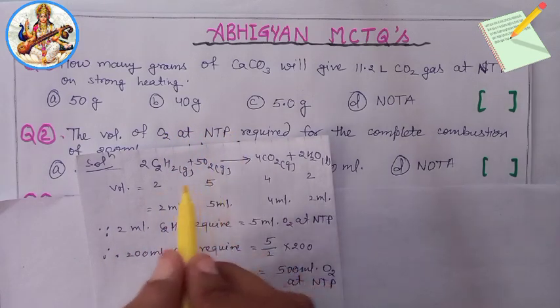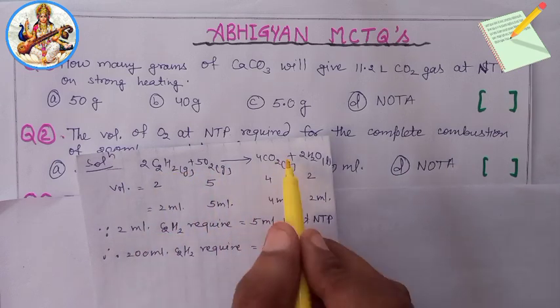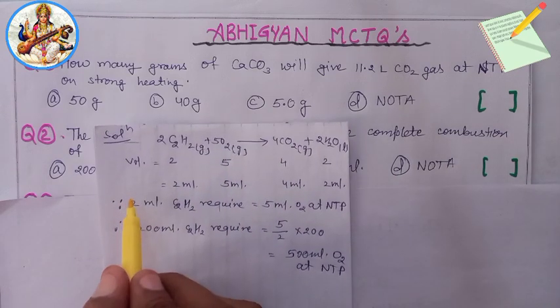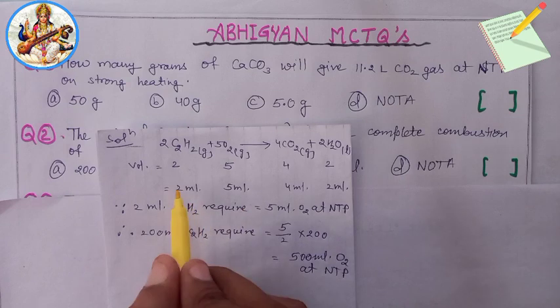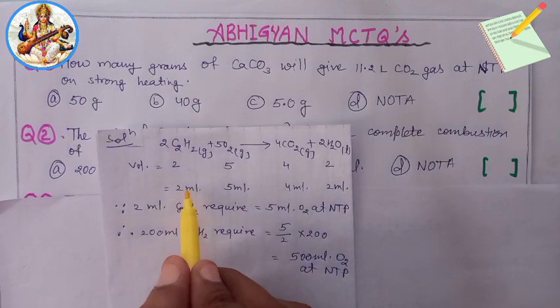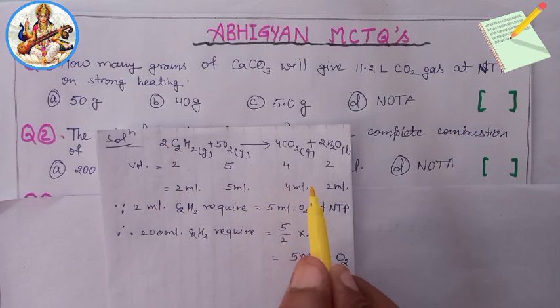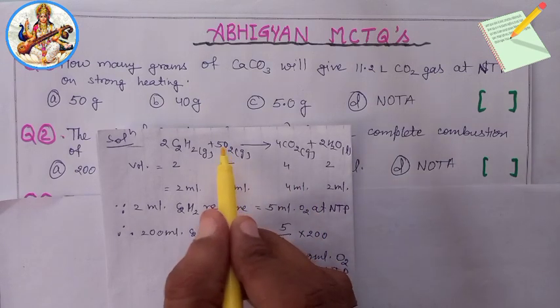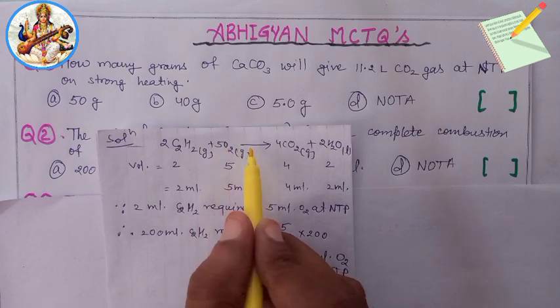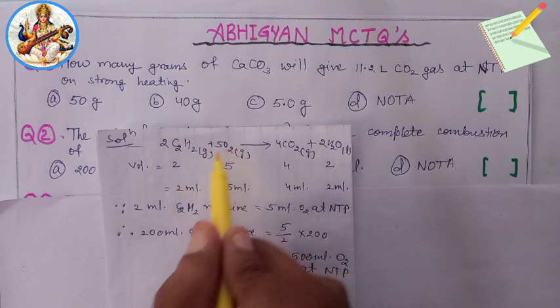Therefore, according to the stoichiometry of the reaction, 2 milliliter of acetylene requires 5 ml of O2 at normal temperature and pressure for combustion.